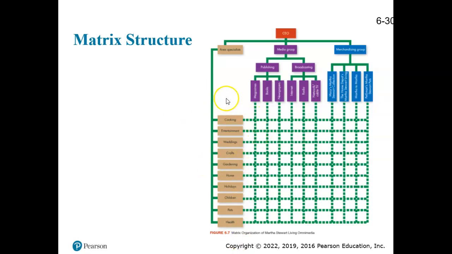The reason this looks like this is that I might officially work, for example, in the magazine publishing division of the media group. But I'm going to be assigned to a team, and collectively we're managing each one of these functional areas, like cooking. So I might be specifically doing the magazine for the cooking market.